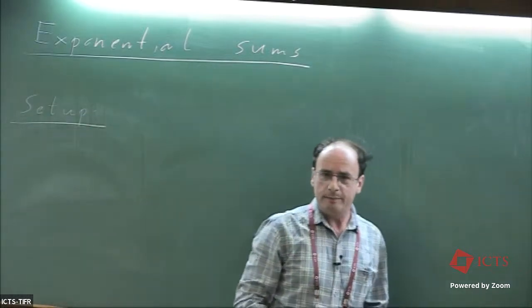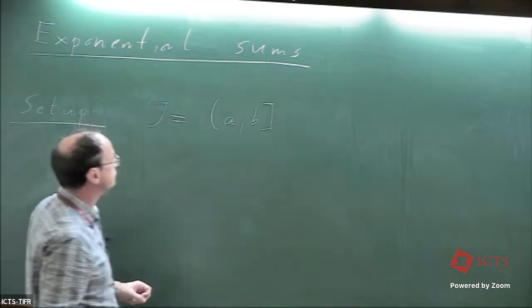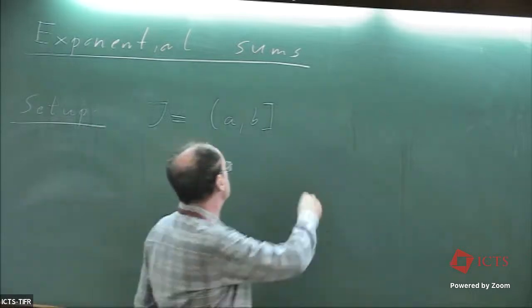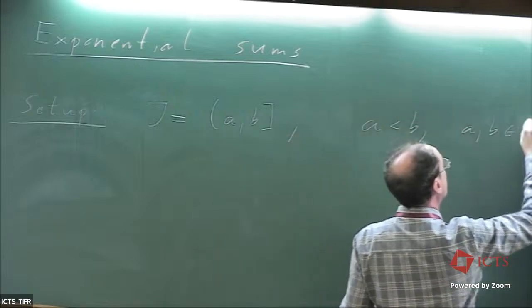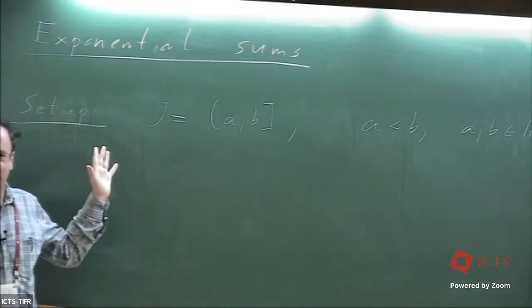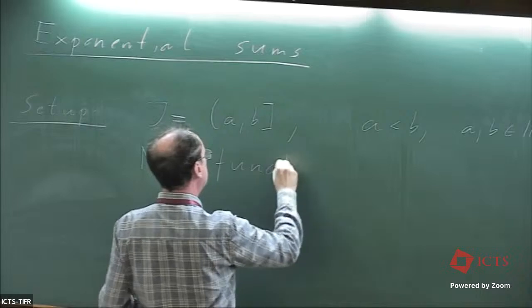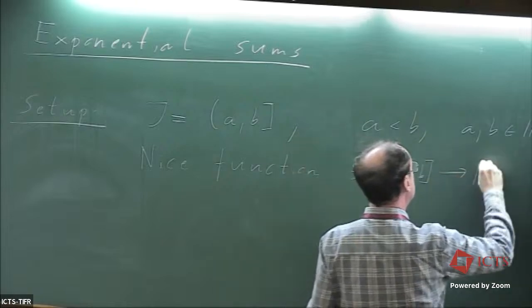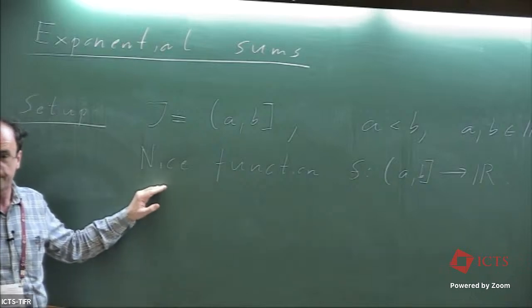So we have some interval AB. Let's take I equal AB, half open, and we want to follow the convention that A and B are positive integers, so A less than B, in N. And we have some nice function called the amplitude function, F from AB to R. By nice, we usually mean often enough differentiable.